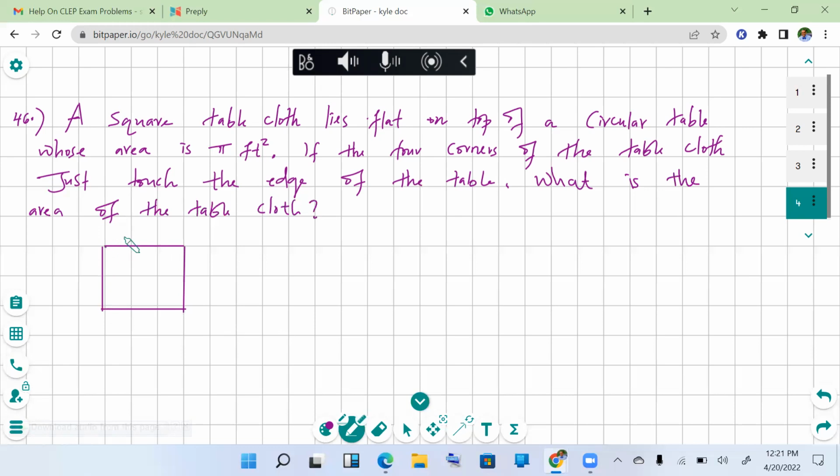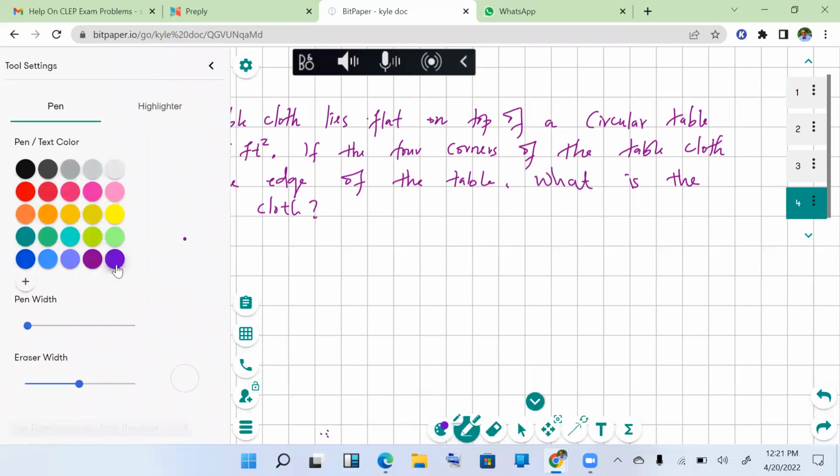So this is the tablecloth, and this is the table touching the edges. So what does it mean? It means that the diagonal of this square is the diameter of the circle, right? So this is D.